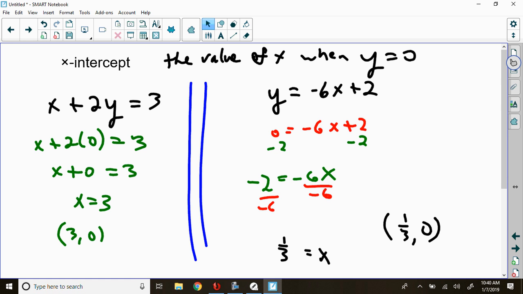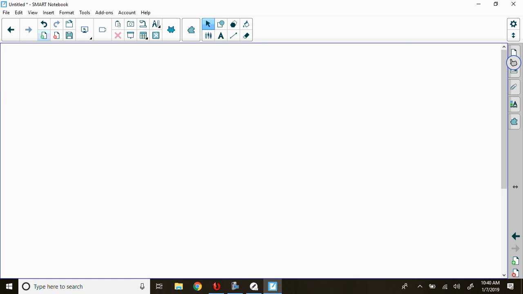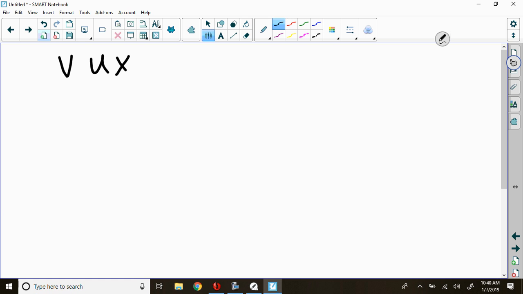Okay. So we'll be talking about x-intercepts, and we're going to be talking about these kinds of lines. I don't know if you remember this. Vertical lines have a slope that's undefined, and x equals some number is how their equation goes.